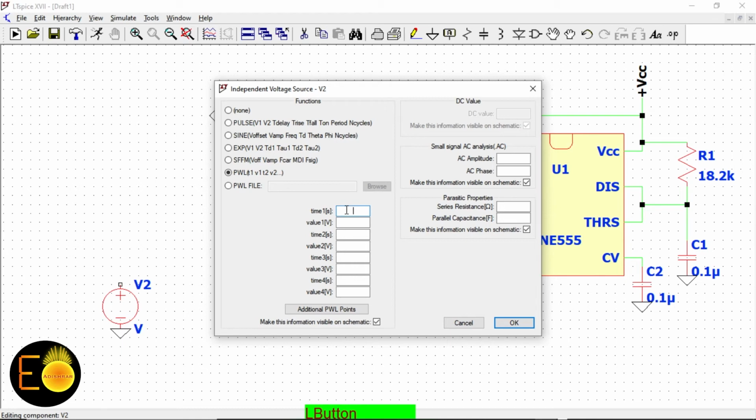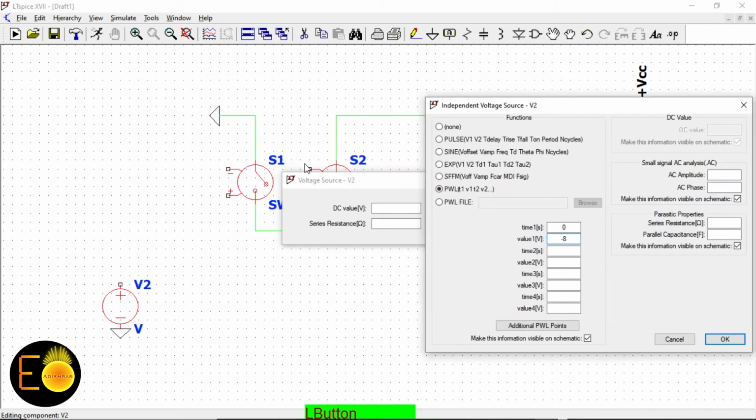So I'm considering that the pulse is going to be applied at 10 millisecond. At time 0, the value is -8. Why am I considering -8? Because basically the switch gets activated and deactivated for some positive volt. So if one will be activated for that positive volt, the other will be activated for some negative volt, because I am considering two switches.